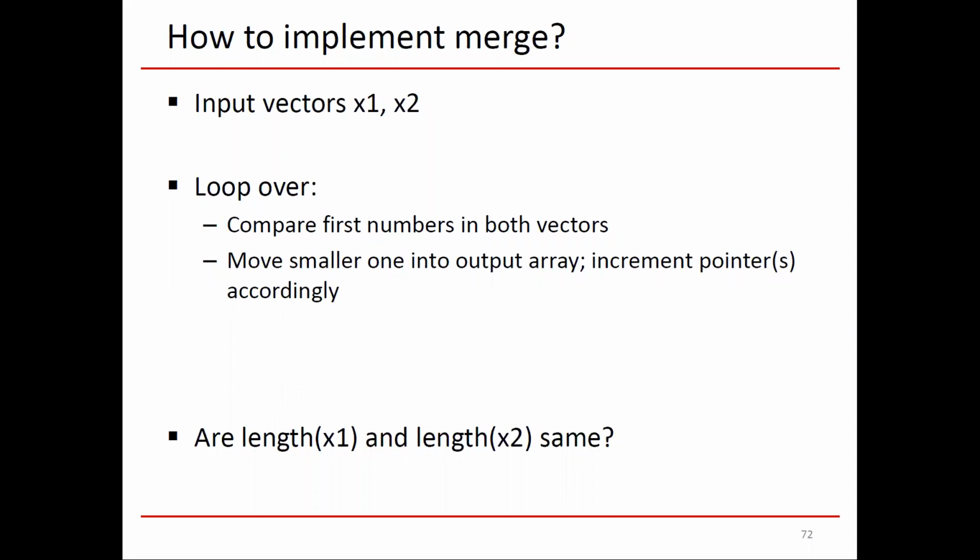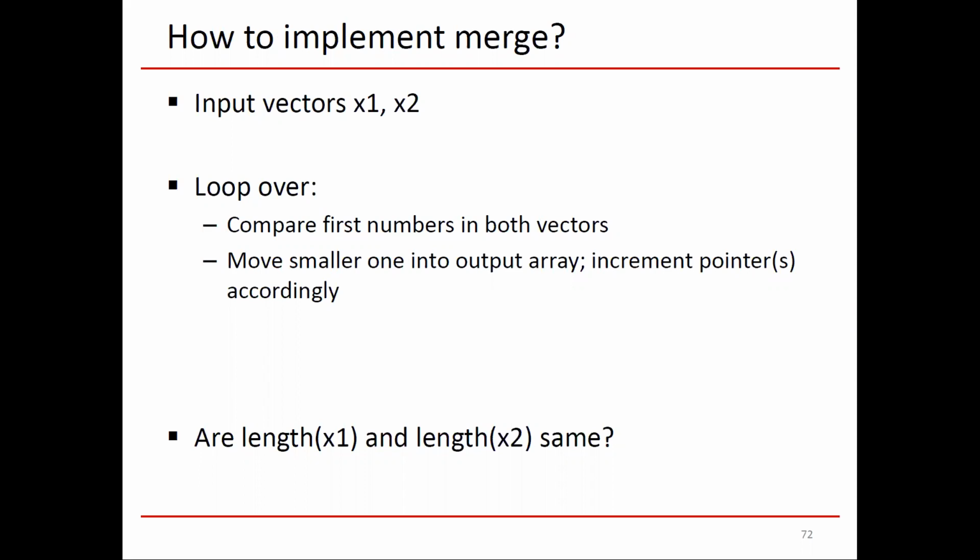So we have two input vectors, X1 and X2. Presumably their lengths are either identical or very similar. And we're going to loop over the following procedure. At every point in time, we compare the first numbers in both vectors, and the vectors are being modified.